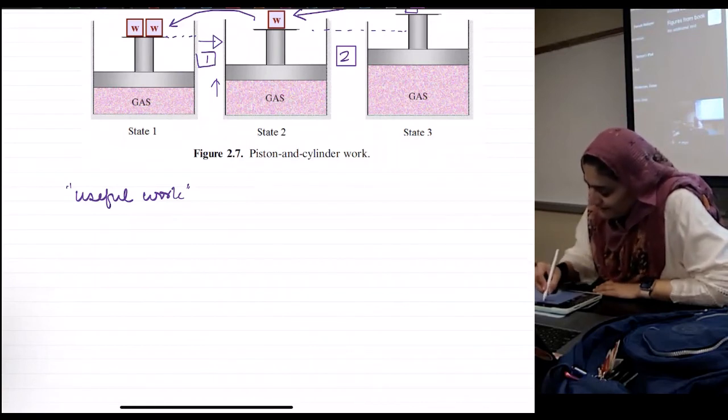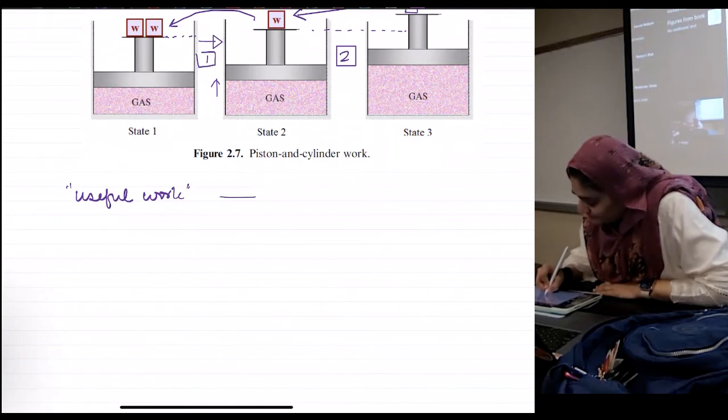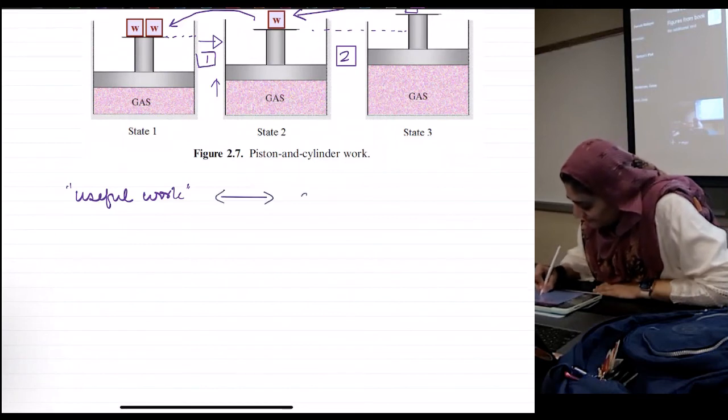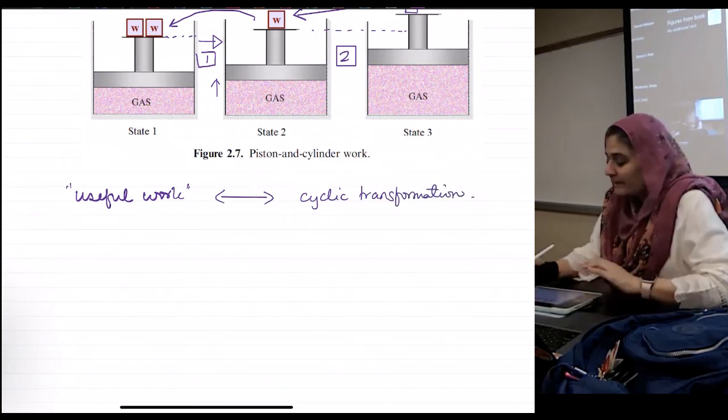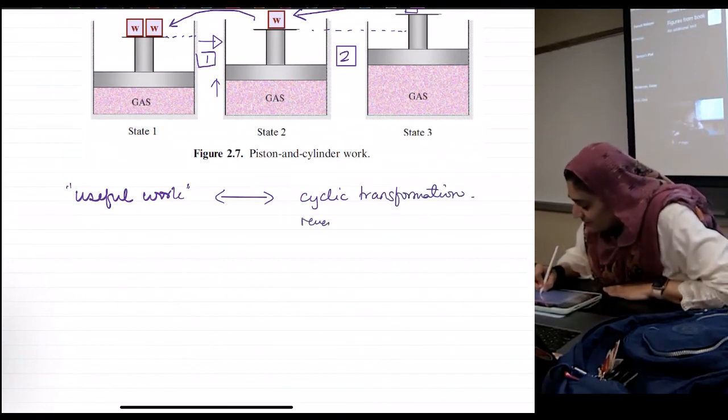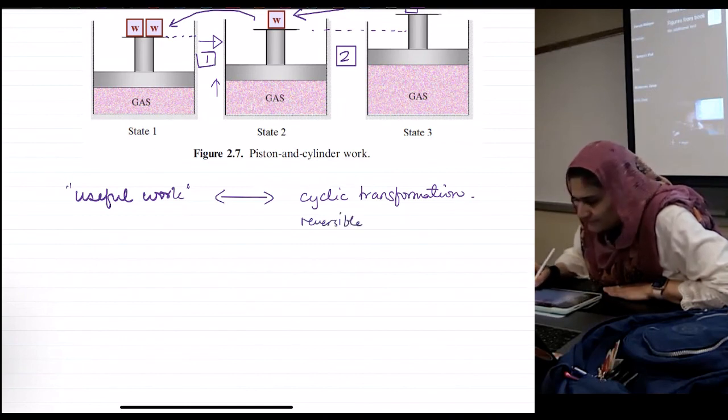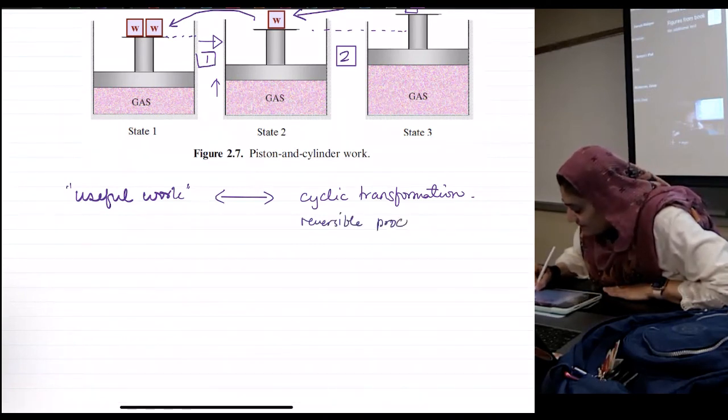So that's called cyclic transformation. They are also called reversible processes.